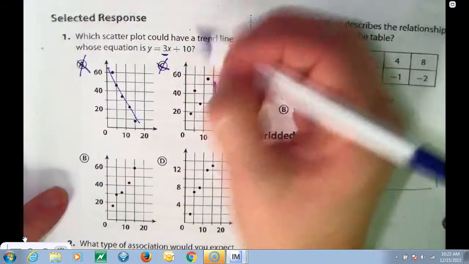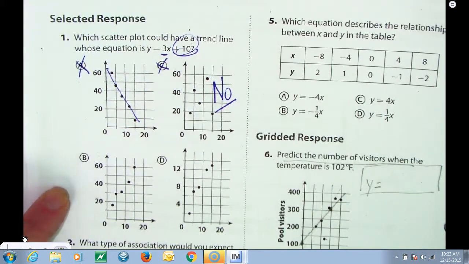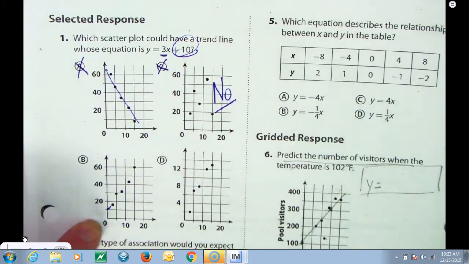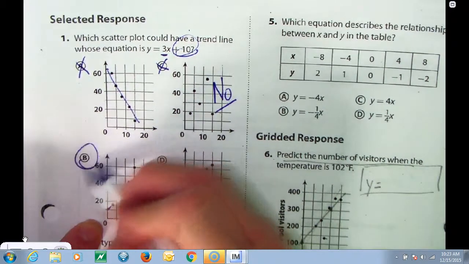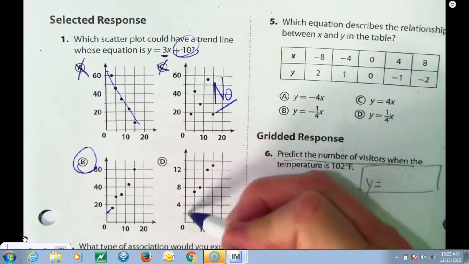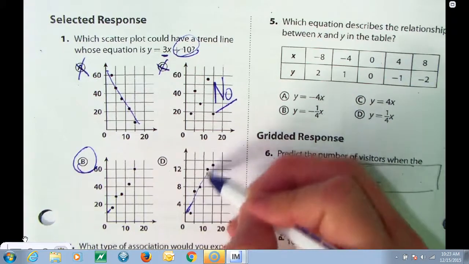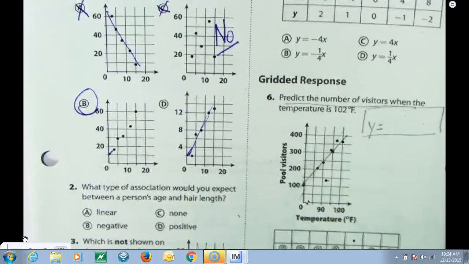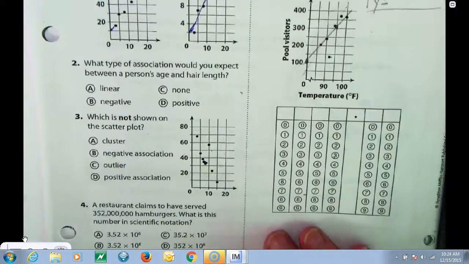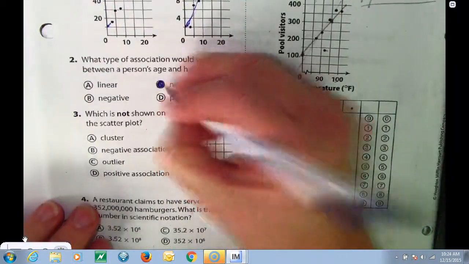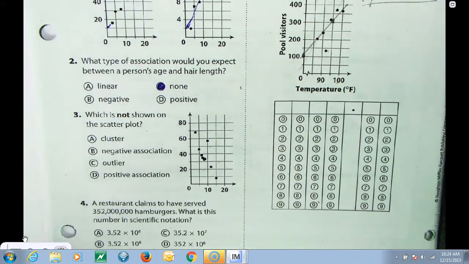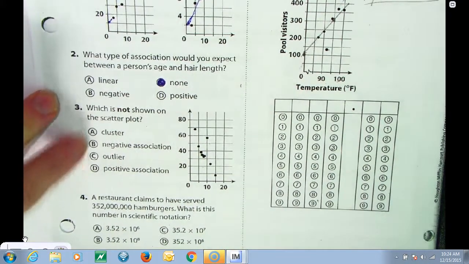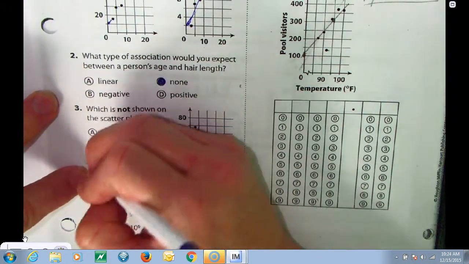Yes. So plus 10 is going to be probably about right there, huh? All right. So B. And D would be like y-intercept of about what? 2? Okay. Number 2. None. The length of your hair has nothing to do with your age. I know, that'd be crazy, huh? Okay, which is not shown on this? Positive.